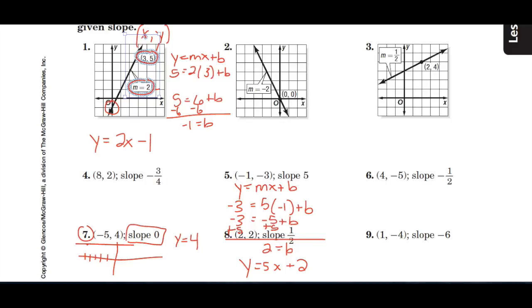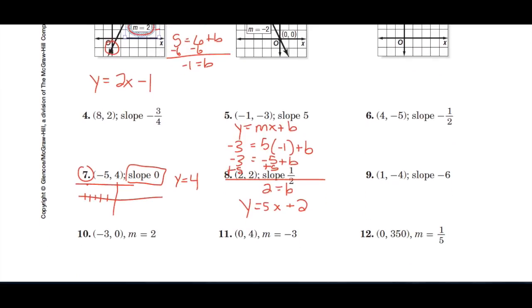But let's just say you didn't know that shortcut and you couldn't remember if a 0 slope was a horizontal or vertical line. We can still use that same process that I showed on 1 and 5. Okay, so I'm going to put y equals mx plus b, and then my y value is equal to 4.